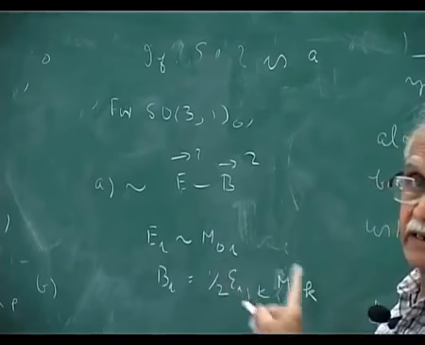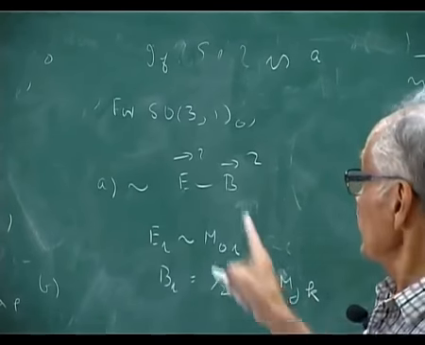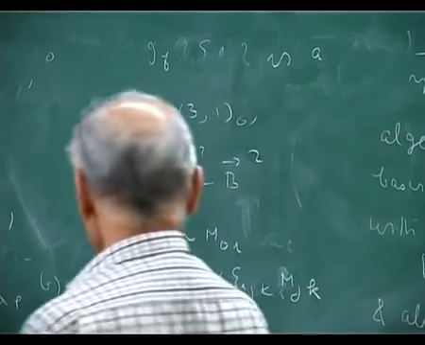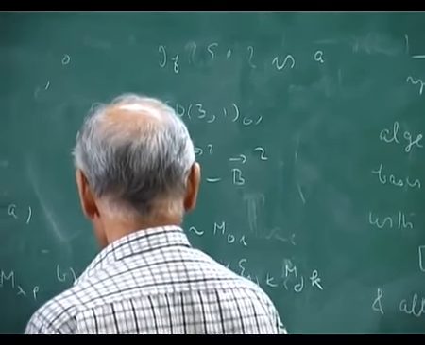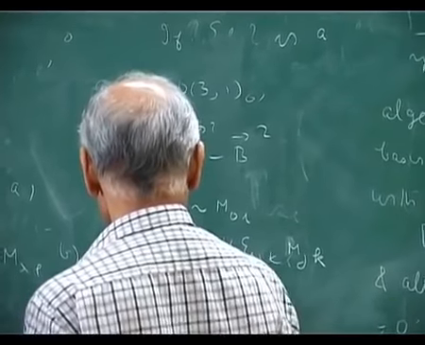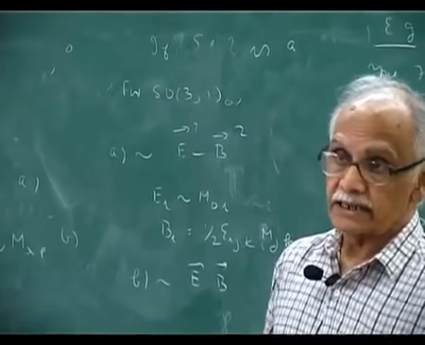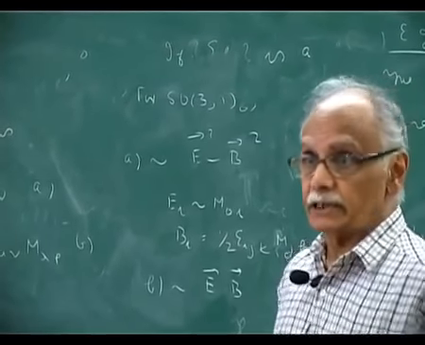This is like the electric field, this is like the magnetic field, and one invariant is E squared minus B squared. The other is like E dot B, the analog of the E dot B that comes in electromagnetism.